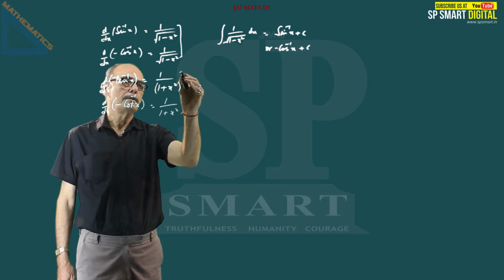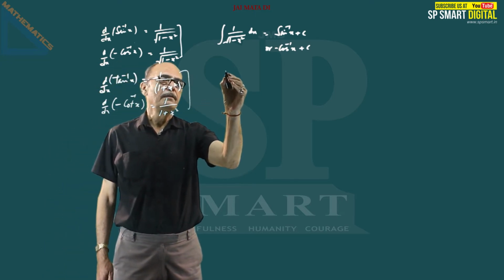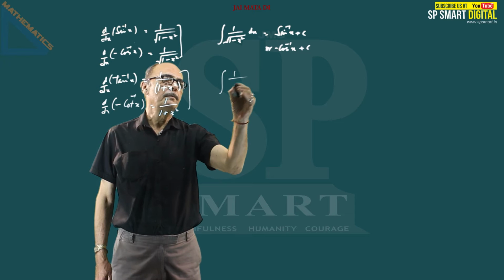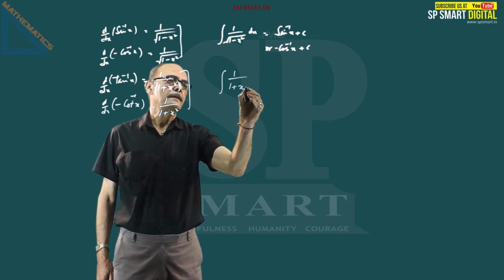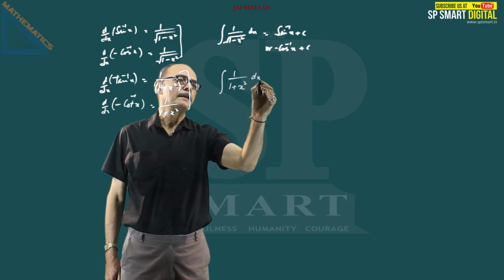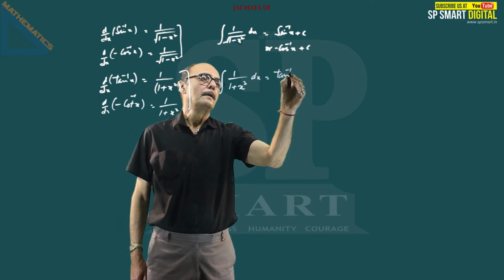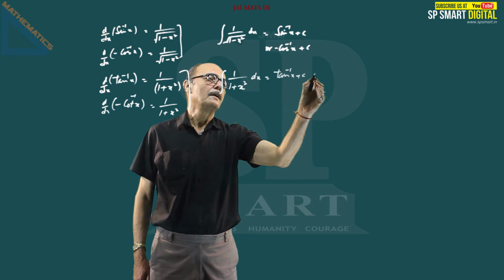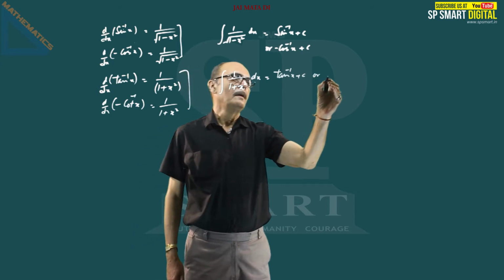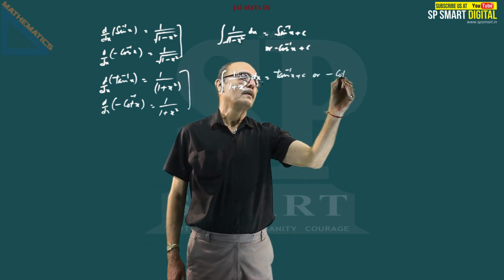So, combining this result, we have integral of 1 upon 1 plus x square dx equal to tan inverse x plus c or minus cot inverse x plus c.